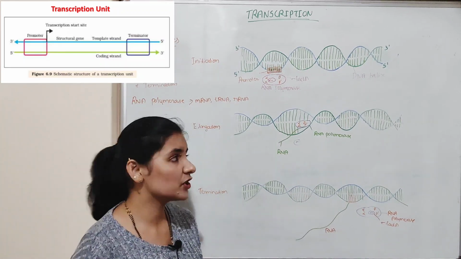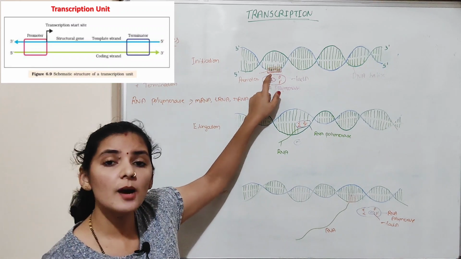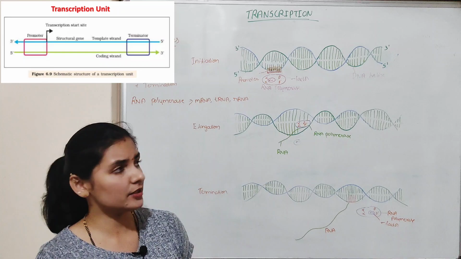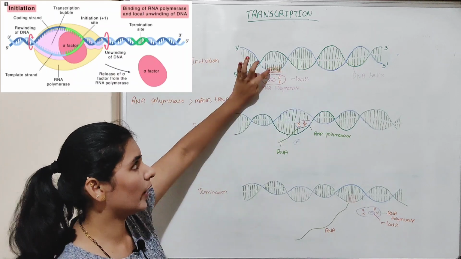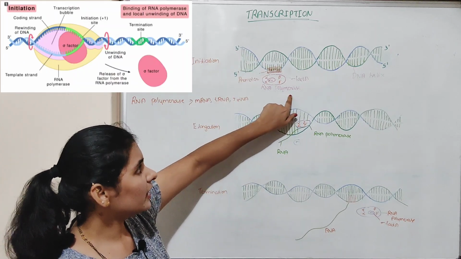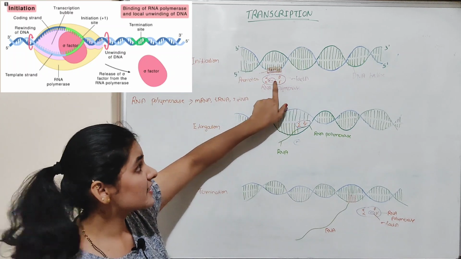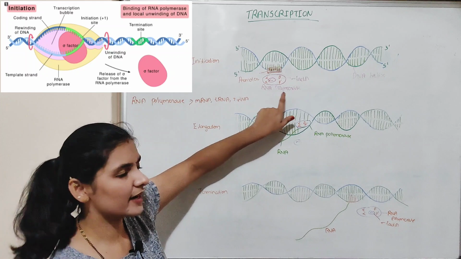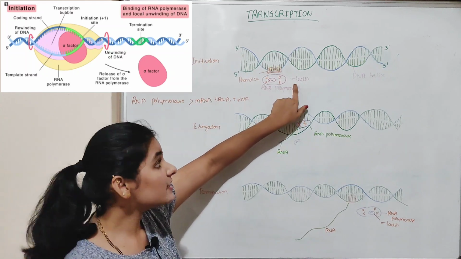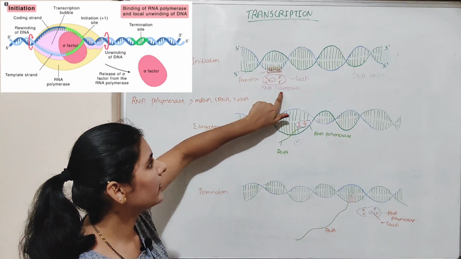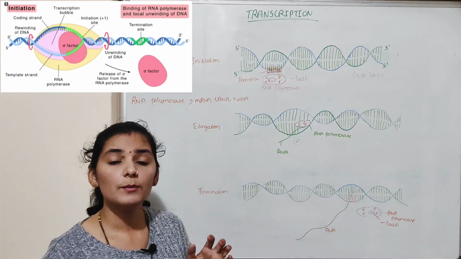The promoter region is present in the transcription unit, and the RNA polymerase binds to it with the help of a sigma factor. Sigma factor is a small part of the RNA polymerase enzyme itself. This sigma factor recognizes the promoter site and helps the binding of RNA polymerase to it.